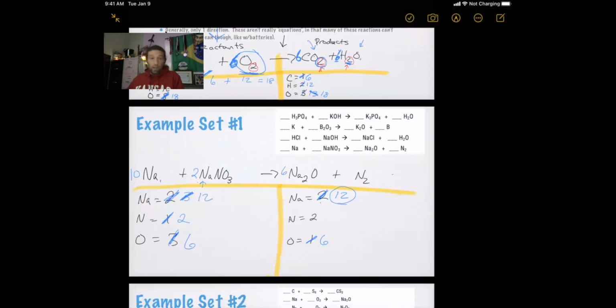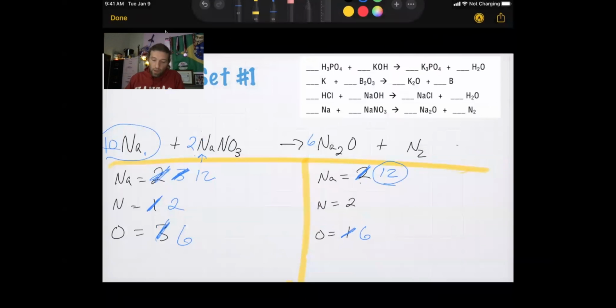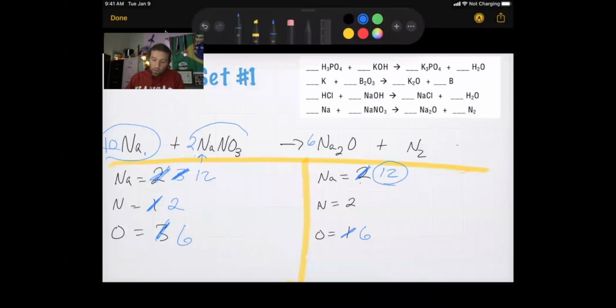Now, the last thing I'll tell you before I let you go and get started on your practice this week is that when we get to the end of this, what this is saying is that we need 10 parts of sodium right here and 2 parts of this sodium nitrate in order to get 6 parts of this and 1 part of regular atmospheric nitrogen.